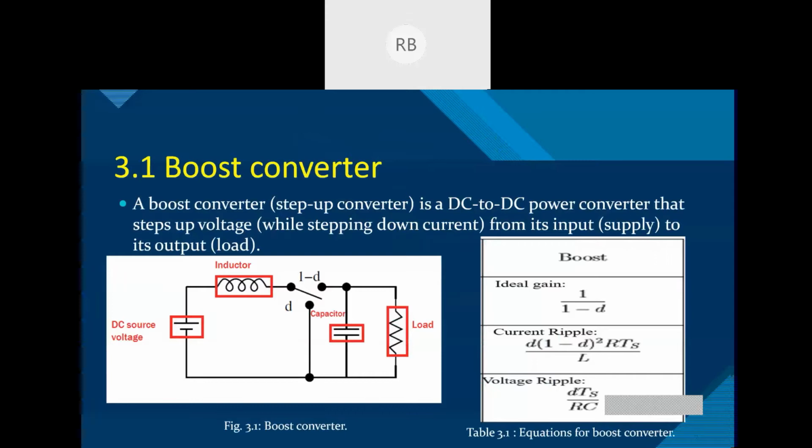As we know, the boost converter is used to boost the voltage, that is, it acts as a step up converter. Whatever input voltage you give, it will step it up. Let me explain how it works. At first, when the switch is on, the DC voltage source provides a continuous current through the inductor, and it flows through the load.